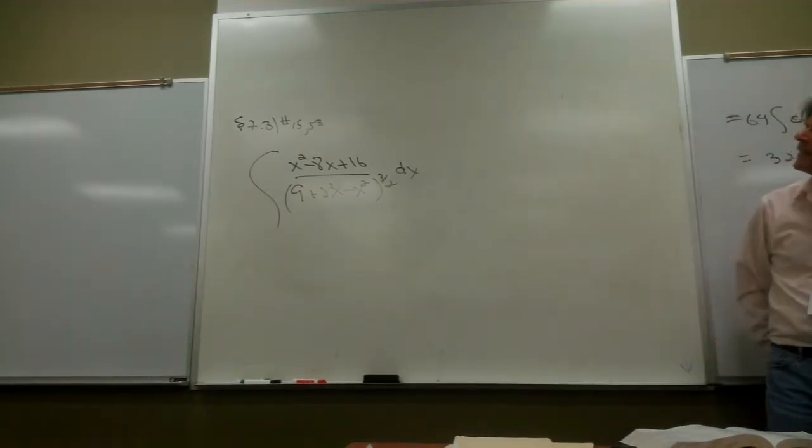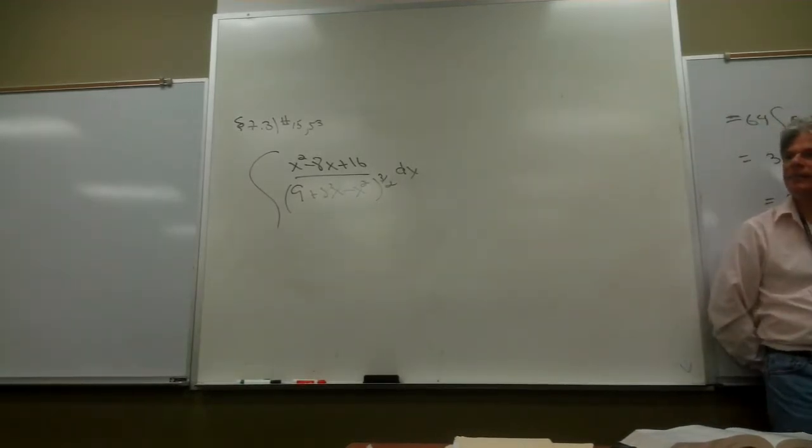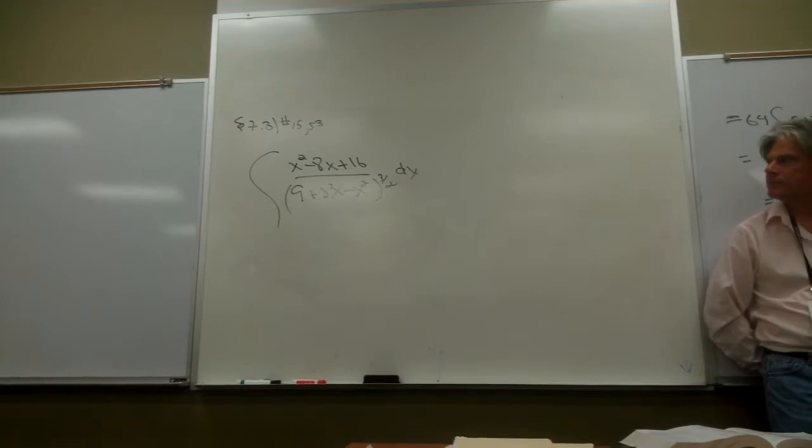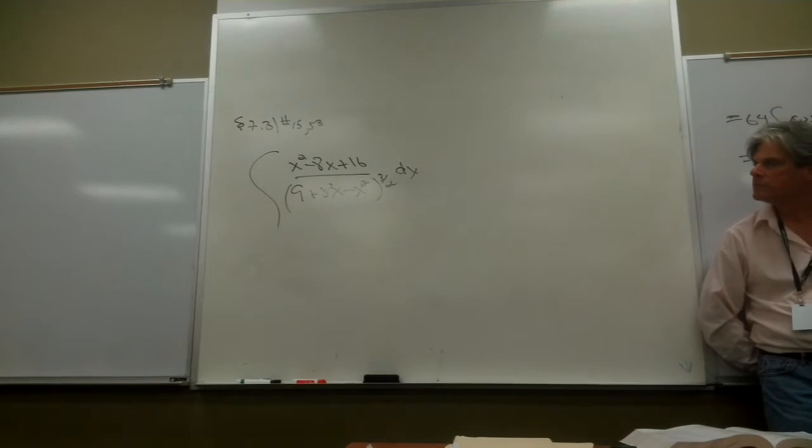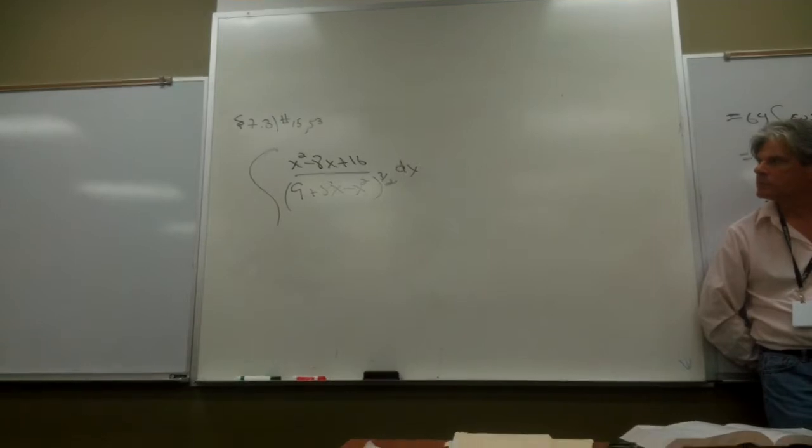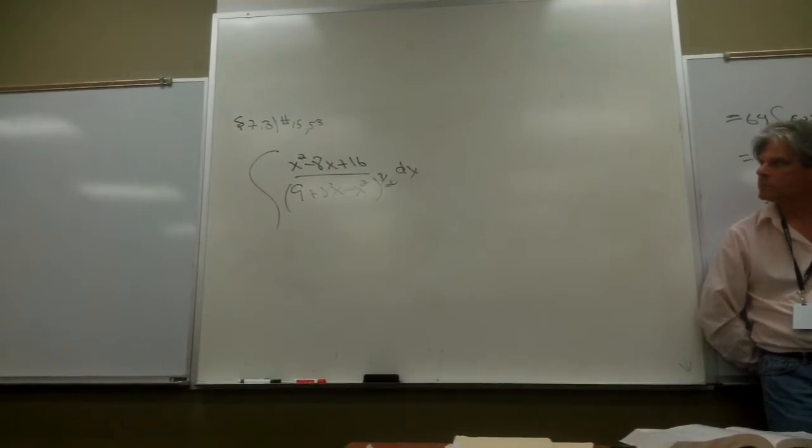Any ideas? Complete the square at the bottom. Yeah, I'll agree to that. Make complete the square at the bottom look like the derivative or the antiderivative at the top. How? I have no clue.